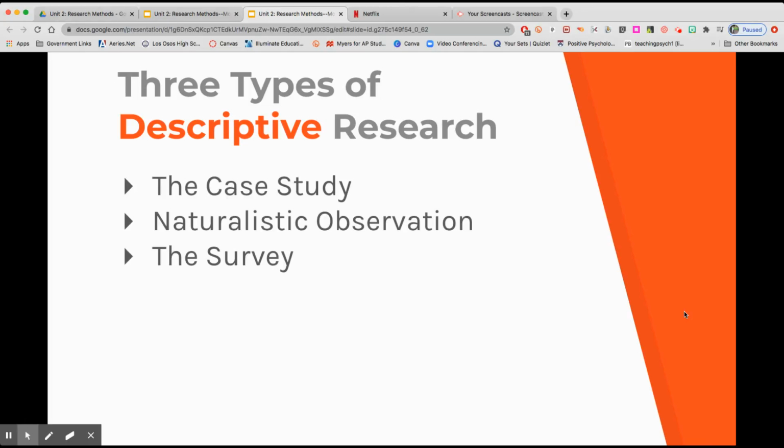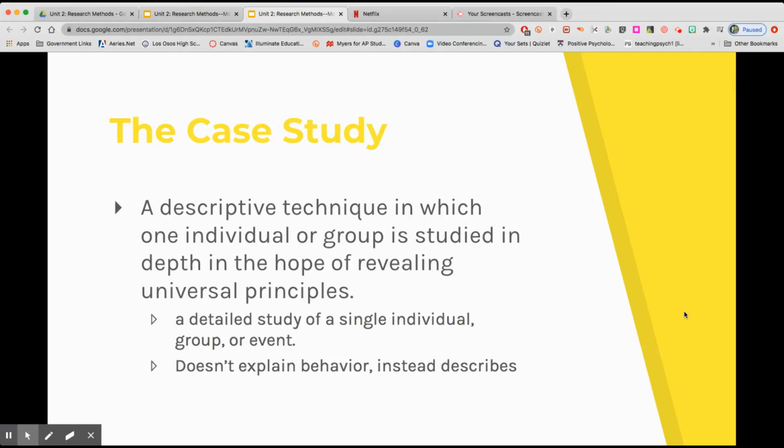Okay, now let's move forward. So first, a case study. A case study, again, is descriptive research where I'm really looking at, and this is going to be key here, one individual or a small group. Case studies are done on limited numbers of people, where this person or small group is studied in depth in the hope of revealing universal principles.